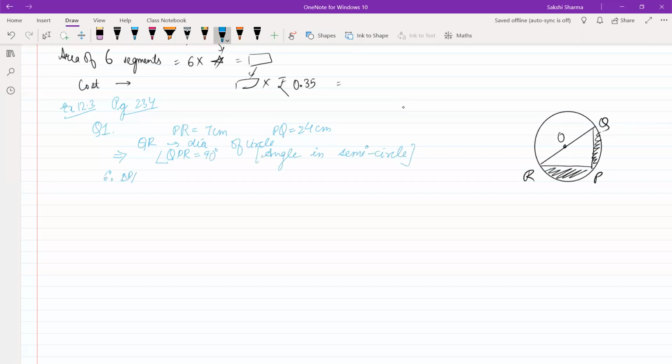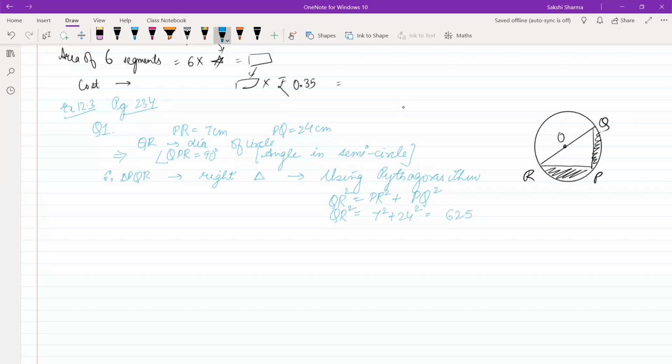Therefore, your triangle becomes a right triangle, and we can use Pythagoras theorem. You will have QR square equals PR square plus PQ square. So QR square comes out to be 7 squared plus 24 squared.